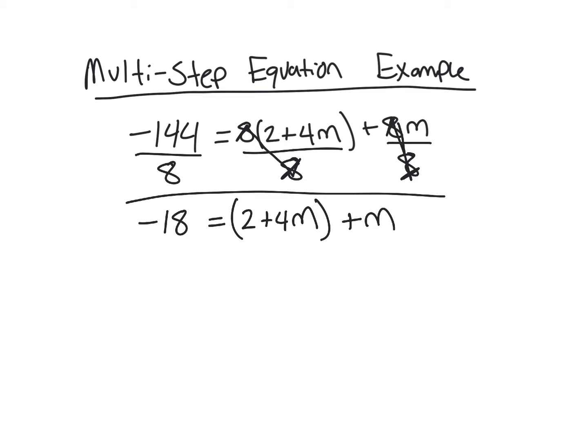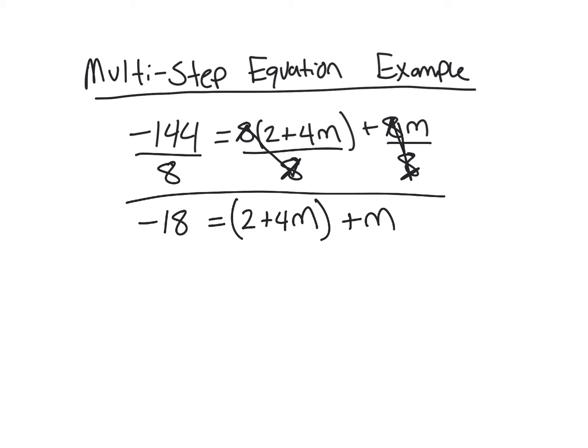Now the reason we really don't need these parentheses anymore is because we just have 3 terms being added. So based on that commutative property of addition, we'd be able to rearrange these, or with the associative property, we'd be able to associate them differently.